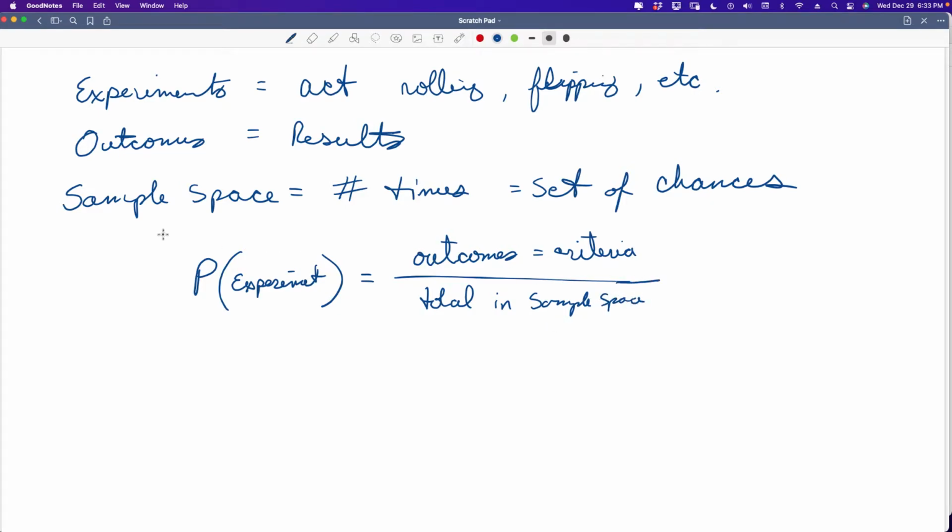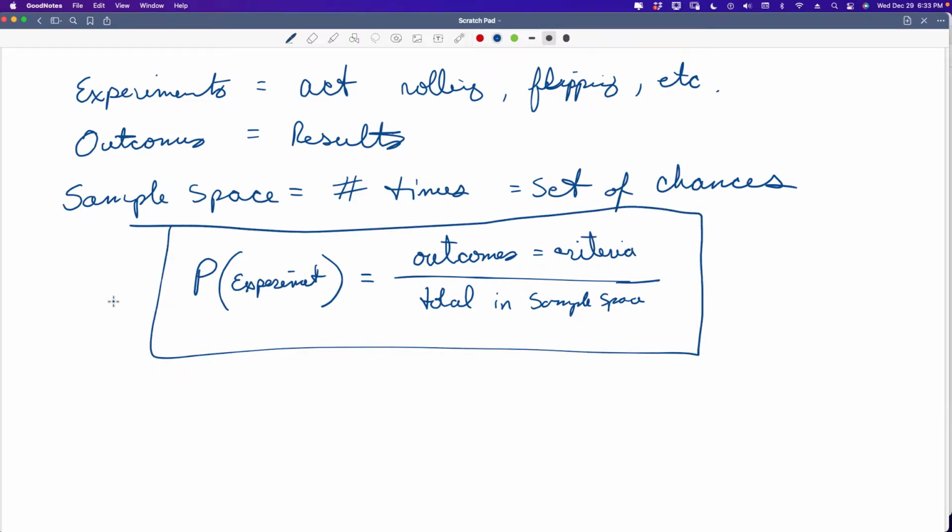Okay, this is the formula we are going to use in order to determine the probability of something. The probability of this experiment is the outcomes that equal our criteria divided by the total number of outcomes in that sample space. Right? So why don't we try a probability problem?